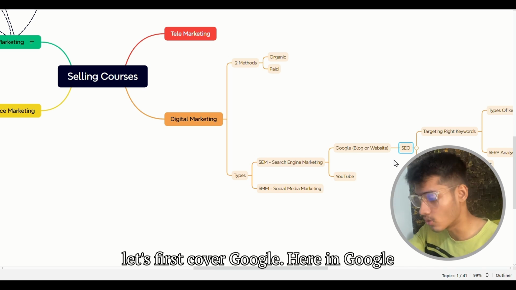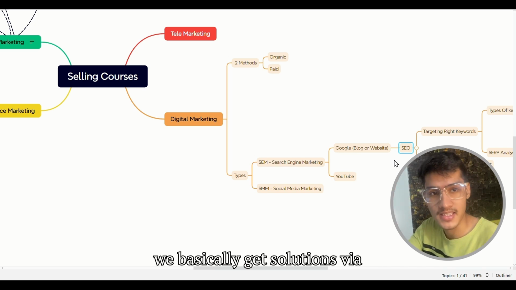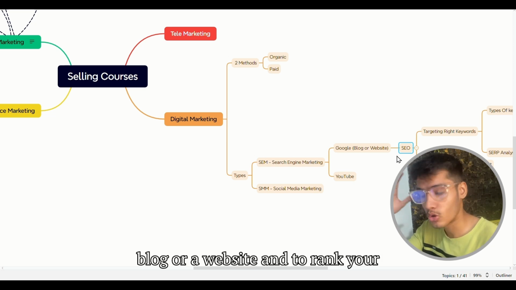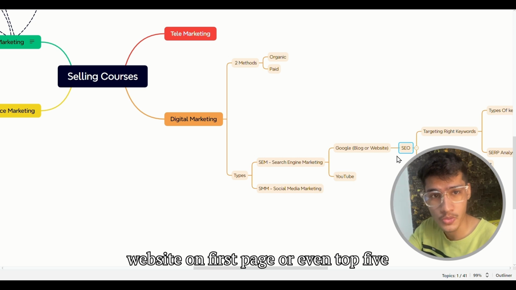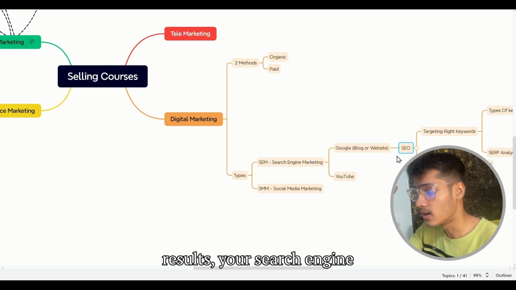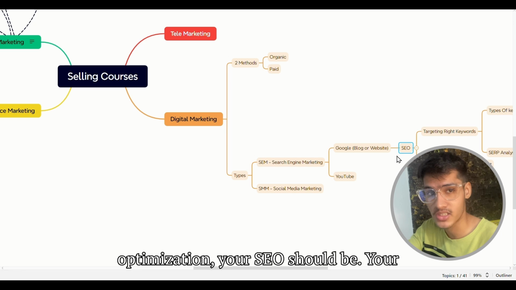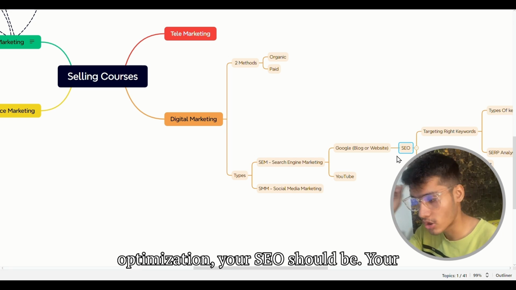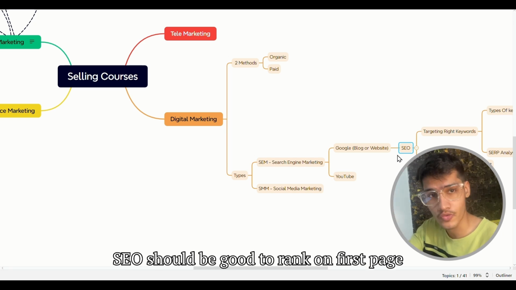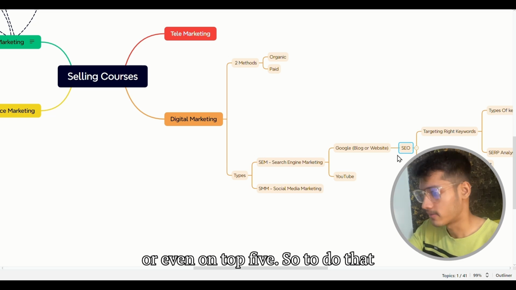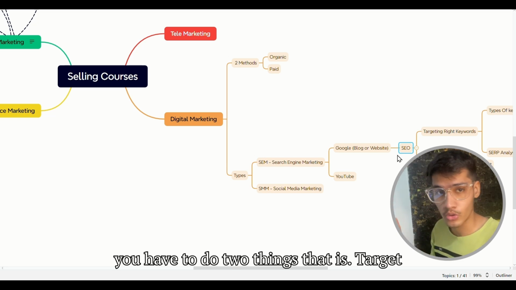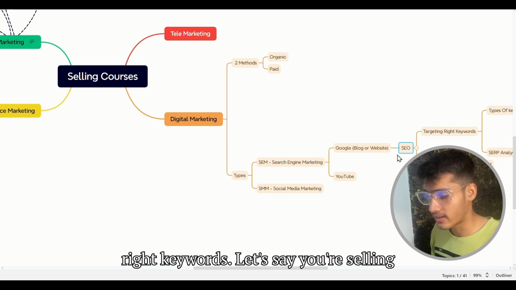Let's first cover Google here. In Google, we basically get solutions via a blog or a website, and to rank your website on the first page or even in the top 5 results, your search engine optimization, your SEO, should be good. To do that, you have to do two things, that is target the right keywords.